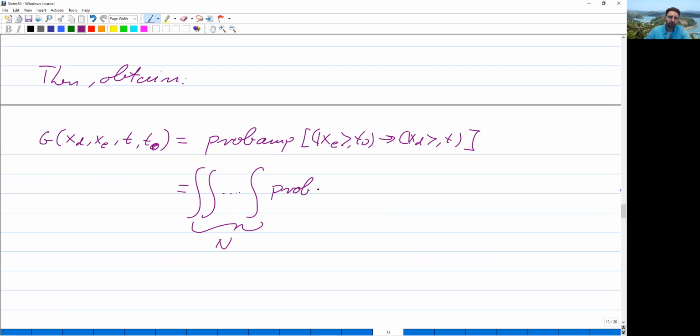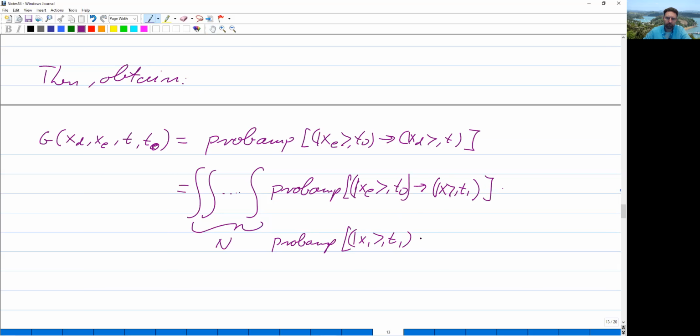And then it's the probability amplitude of the particle traveling from the emission location at time t0 to intermediate location x1 at time t1, times the probability amplitude for it to travel from x1 at intermediate time t1 to intermediate location x2 at time t2, times, and you see how this is going, probability amplitude, and then etc.